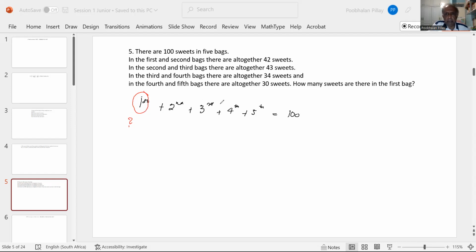But it's very simple once you see it like this, because a little bit of thought will tell you that all you have to do is the second and the third, we already know. The second and the third bags together, there are 43 here. And we also know the fourth and the fifth bags, there are 30.